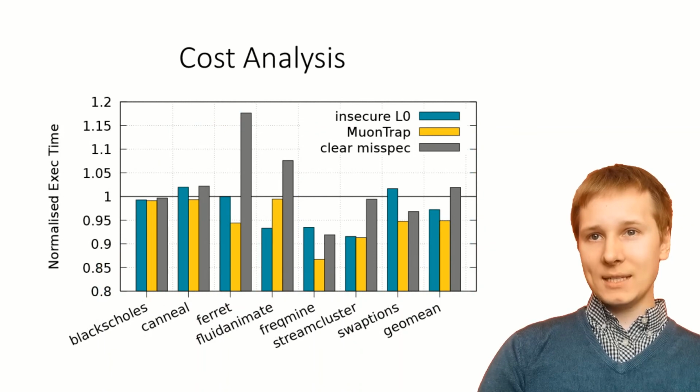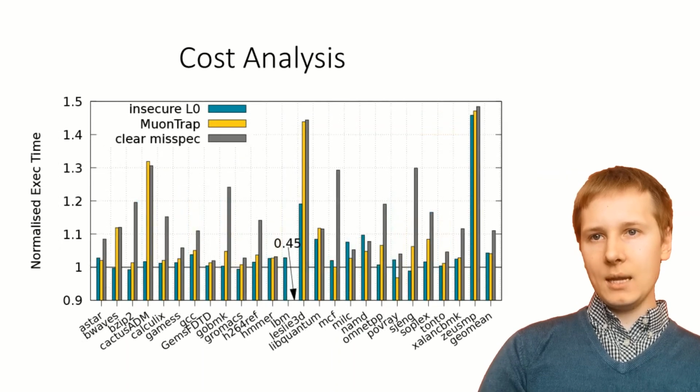For Parsec, we see a slightly different pattern, where a one-cycle filter cache improves performance instead of diminishing it, and so that's why we see a speedup from standard MuonTrap and a less significant slowdown for clearing on misspeculation as a result. Okay, so Spec suffers from slowdown from the L1 cache being a cycle further away in our setup than in the baseline, by virtue of the filter cache being in the way.